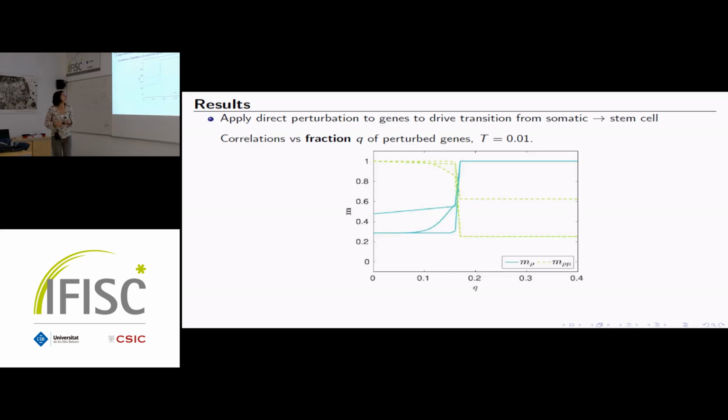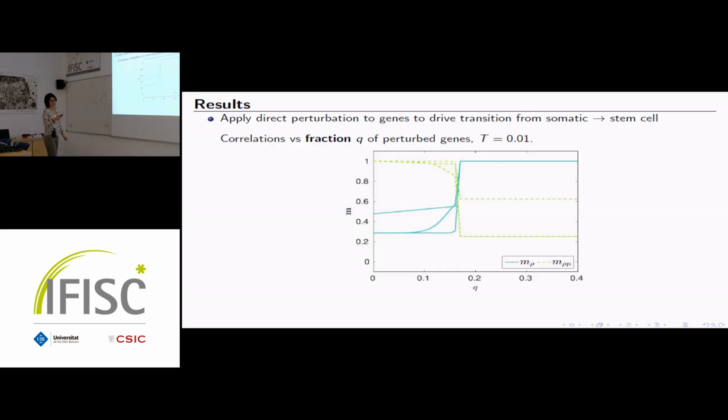We initialize the system state in the daughter cell and perturb an increasing number of genes, and nothing happens until we reach a critical value, after which the system transitions from the daughter cell to the mother cell, to the stem cell.